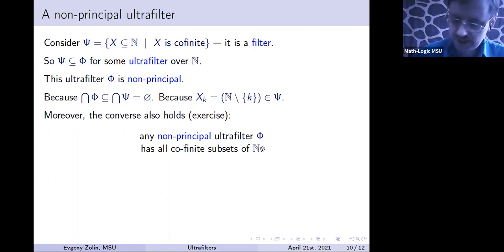So in our next examples, if we say, let us take a non-principal ultrafilter, this immediately implies that phi contains all cofinite subsets. And this is what we need, in fact, in our examples.